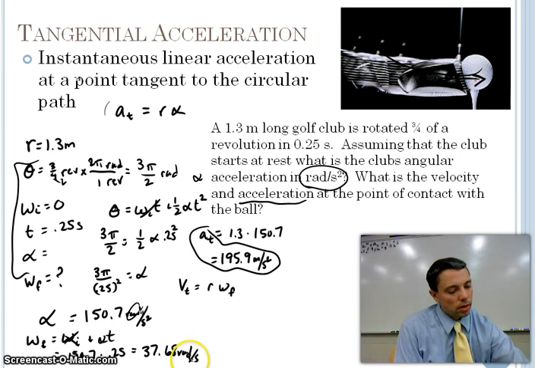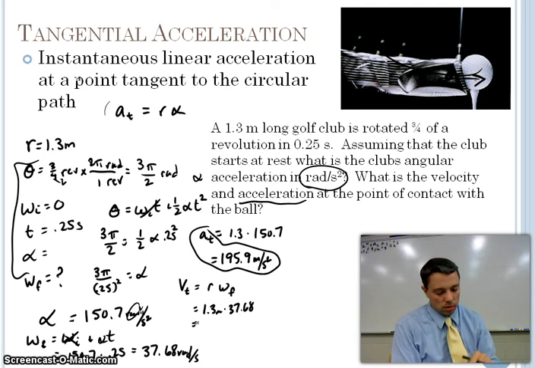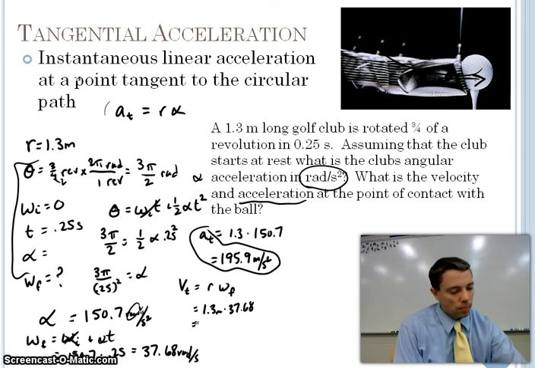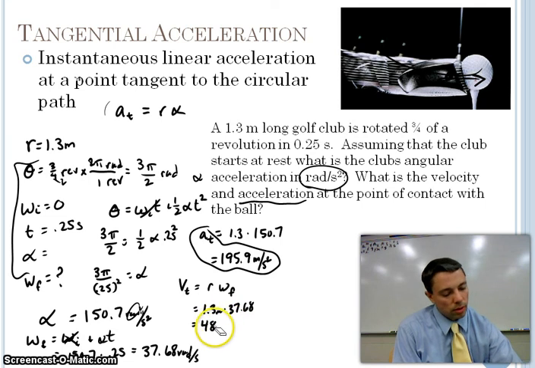radians per second. So now I can go back here and take my 1.3 meters times 37.68, and that'll give me my, let's make it 49 if I round it, meters per second as a velocity.